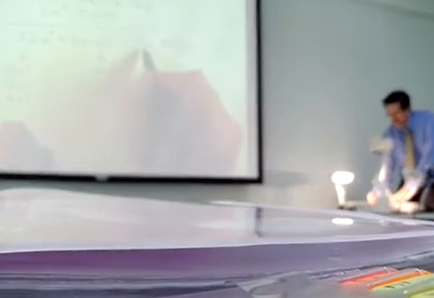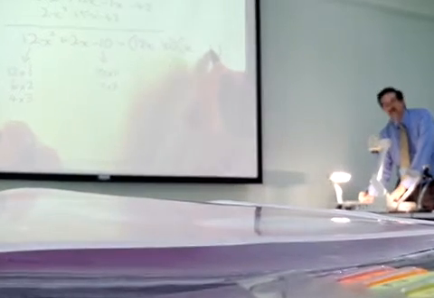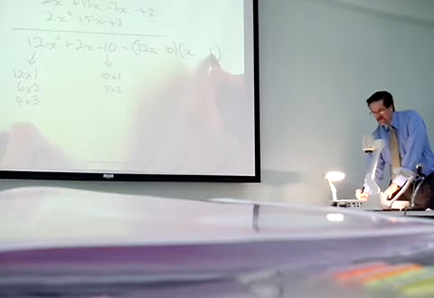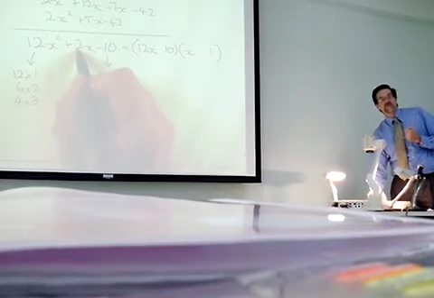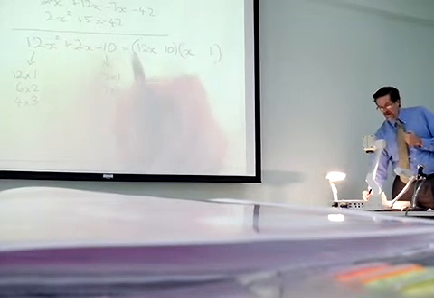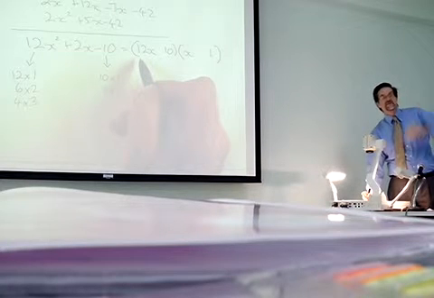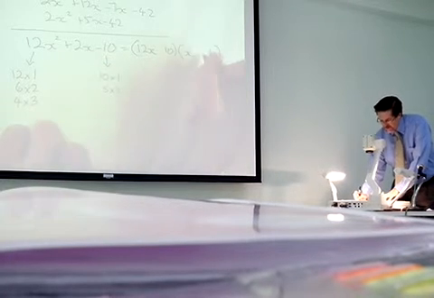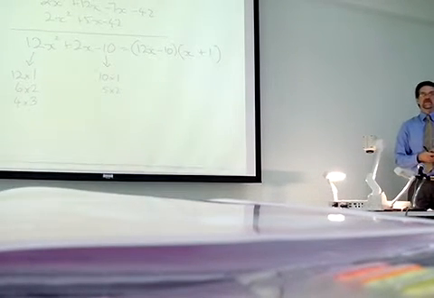So in this case, 12x times 1 is 12x. 10 times x is 10x. And we want 2x. So the 12 has to be the plus, the bigger one. So I think that what we want is minus and plus.